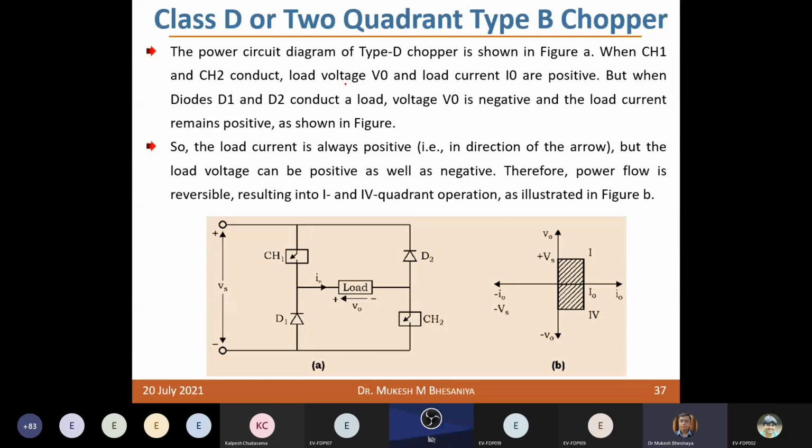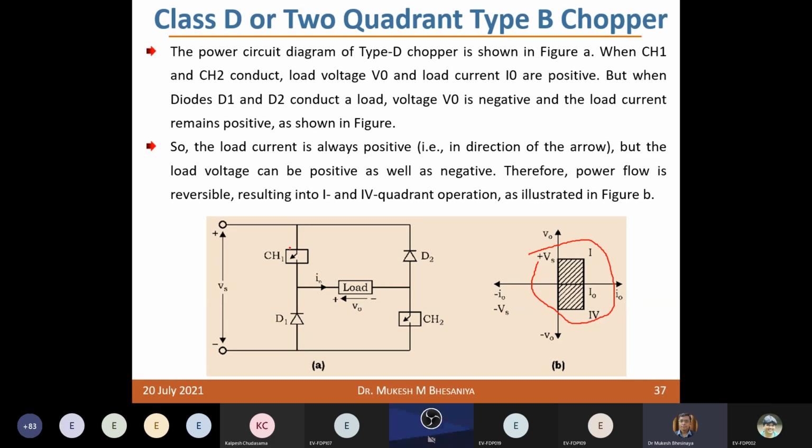Another configuration of this two quadrant is type B, also known as a class D chopper. The configuration is slightly different, and here you are operating your machine in both modes, a motoring mode as well as a generating mode, but the generating mode is achieved by changing the polarity.